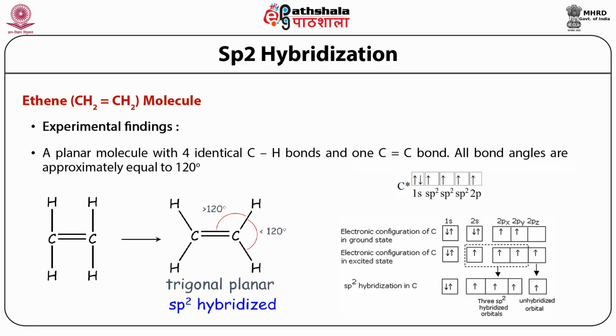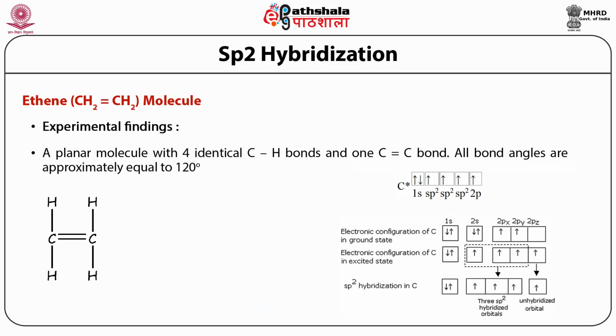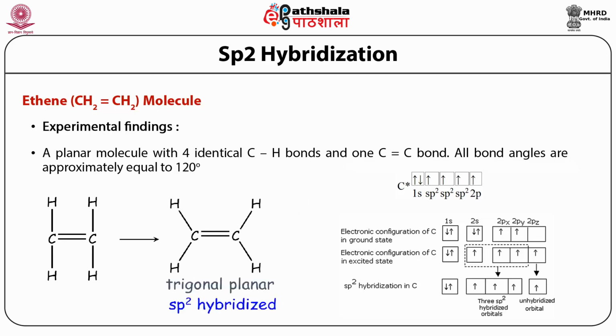As it has been discussed, in the ethene molecule, the 2 carbon atoms form a sigma bond by overlapping 2 sp2 orbitals, and each carbon atom forms 2 covalent bonds with hydrogen by s-sp2 overlap with 120 degree angles.